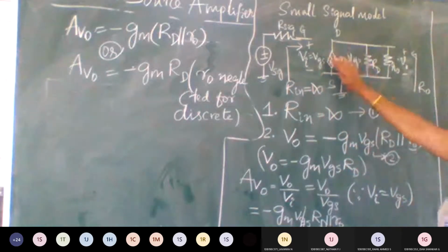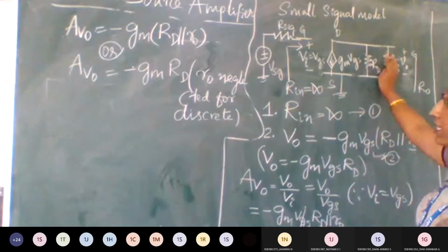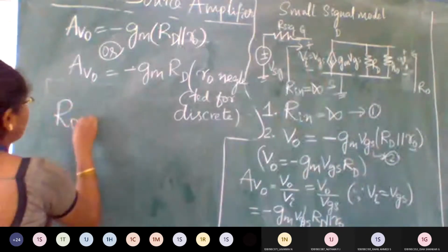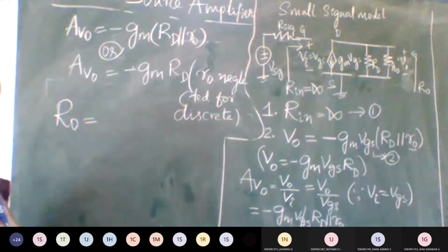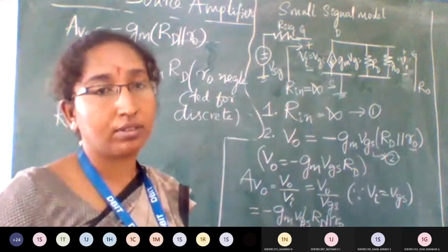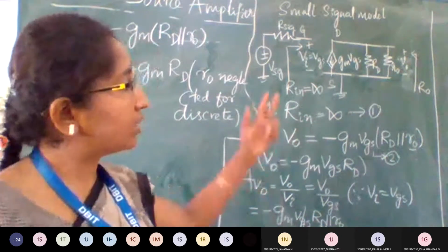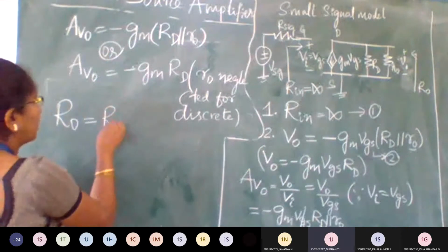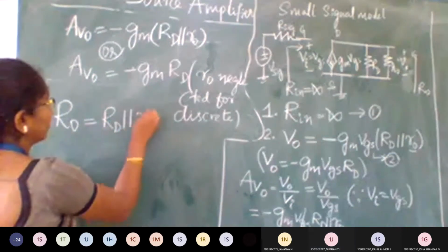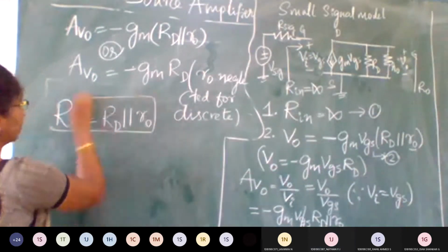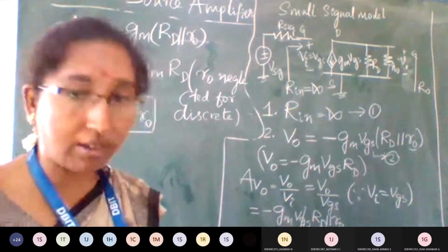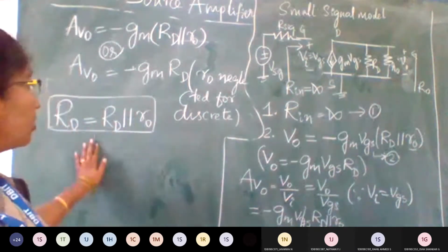So now you don't get any current, you'll be having only resistance. What will be the R0 now? R0 is equal to only the resistance left. What are the two resistances you're going to get? RD parallel small r0. Yes. So here also, if you neglect r0 for discrete, R0 is equal to RD.